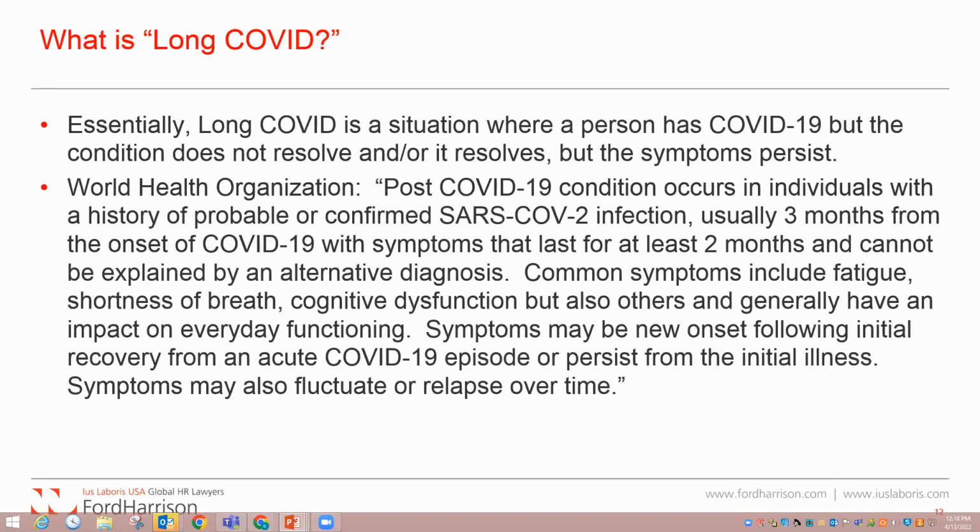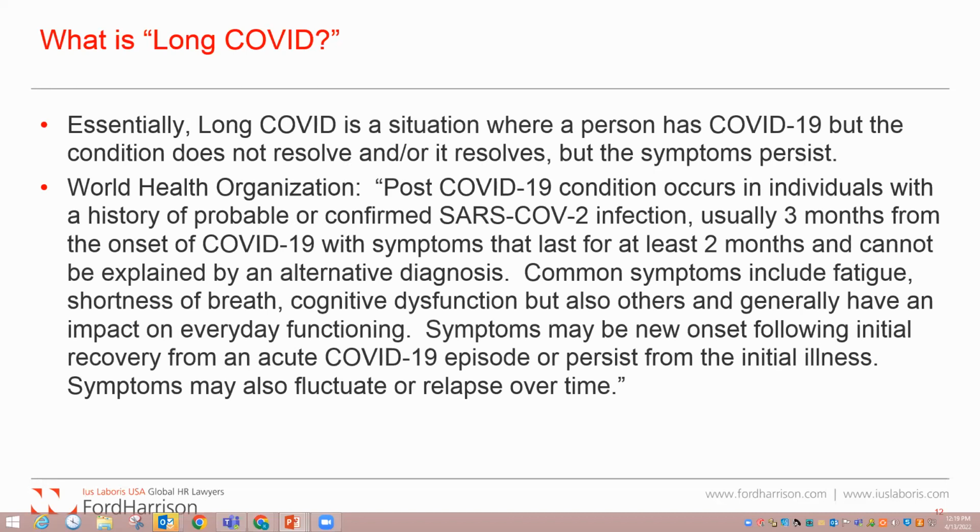The World Health Organization has sort of come up with this definition that you see on the screen, where the symptoms are lasting at least 3 months. There's nothing else to explain all of these symptoms aside from the COVID infection, fatigue, shortness of breath, all these things.